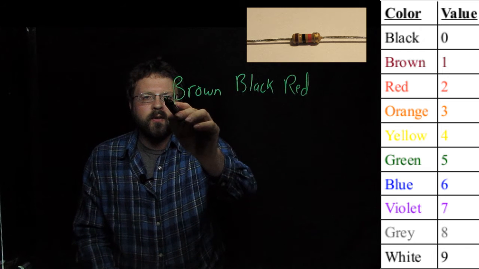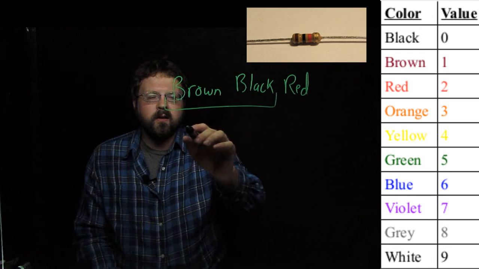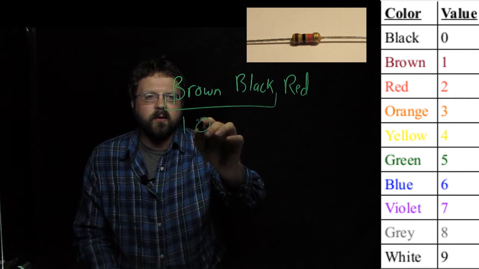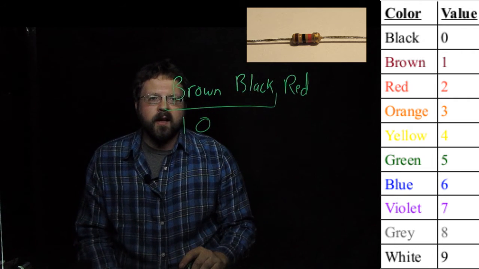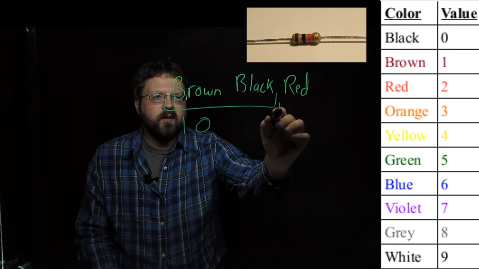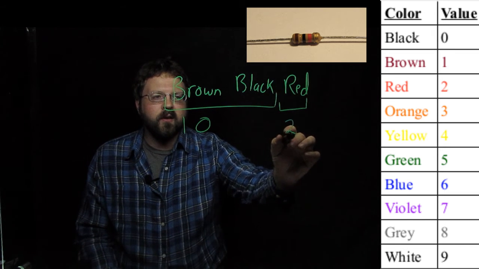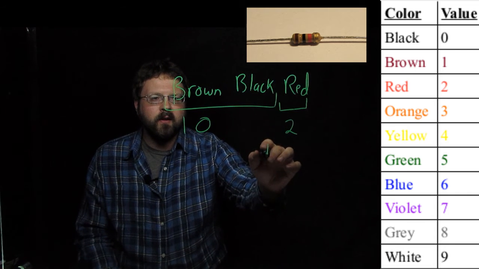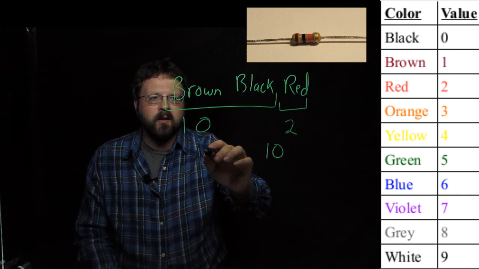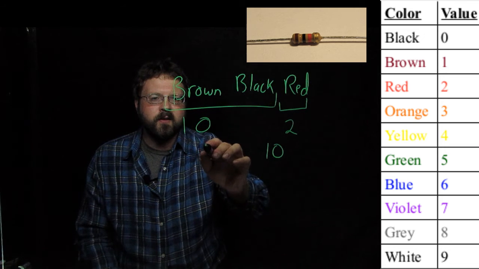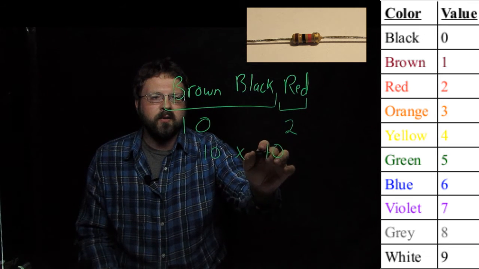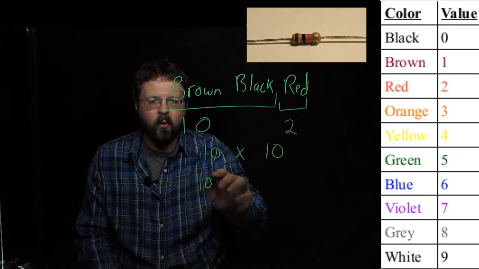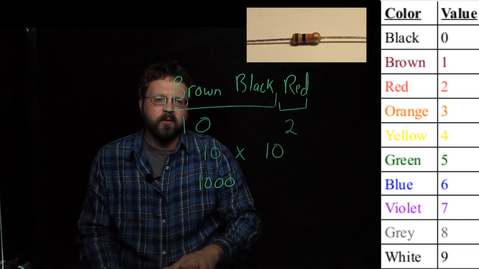So what you do first is you take the first two colors, and the numbers that they correspond to are 1 and 0 for brown and black, so that's 10. The second number, red, corresponds to 2, and so that becomes the exponent of 10. So we've got our first two numbers, which are 10 times 10 to the second power, or 1,000.